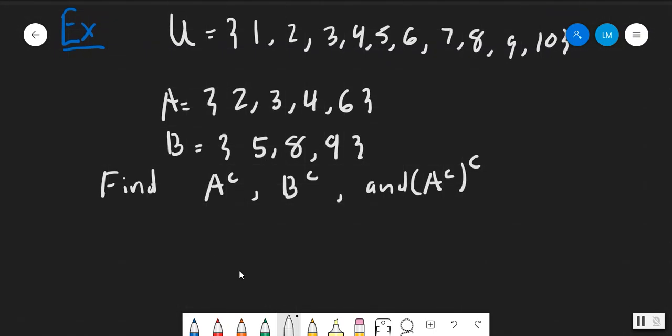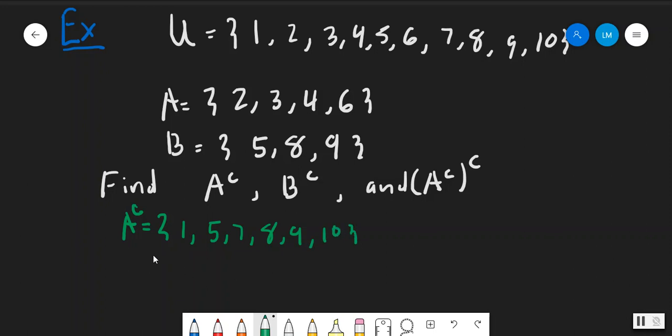Okay, so these are very classic examples, and let's just put this here so that we know what we're working with. So our set A complement is going to be the following. It will be everything that's not in A, so that's going to be 1. Well, 2 is already in there, so it can't be 2, 3, no. So 5, 7, and then 8, then 9, and then 10.